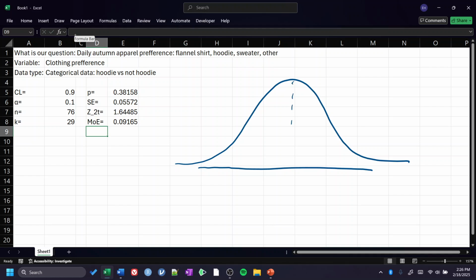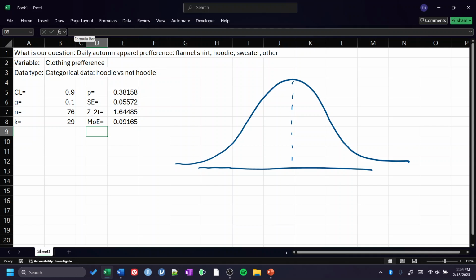The central limit theorem says our sampling distribution, in the correct circumstances, is going to be approximately normal. When dealing with categorical data, we need at least 15 successes and 15 failures. We had 29 yeses, and 76 minus 29 is way over 15. So we have at least 15 yeses and 15 nos.